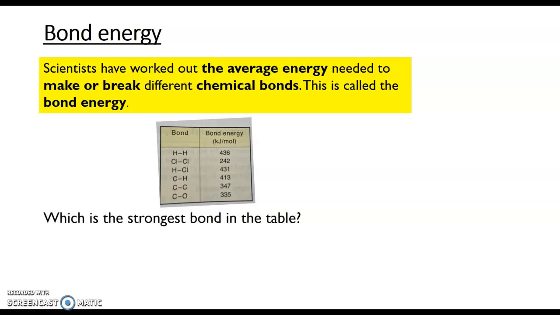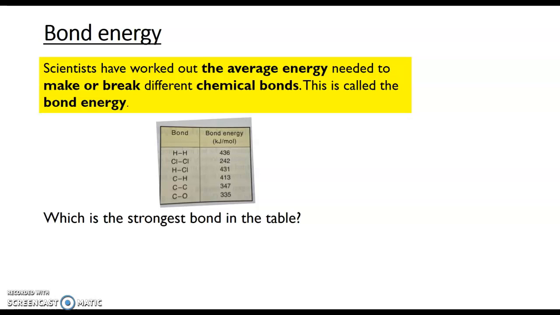And if we have a look at those numbers, which one is the strongest bond in the table? Absolutely, the hydrogen is 436 kilojoules per mole. That's how much energy needs to be put in either to break the bond or to make the hydrogen bond.